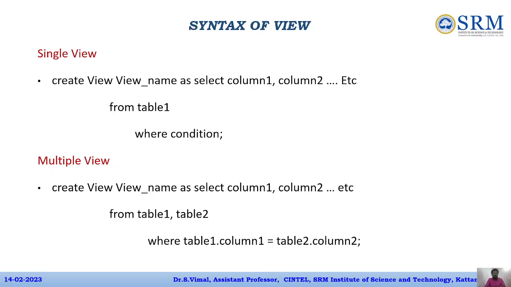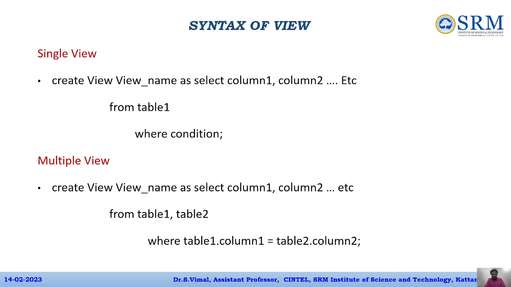Then the multiple view creation syntax: CREATE VIEW view_name AS SELECT whatever columns you need from both tables or multiple tables. However many tables you need, you can use. In that, column 1, column 2, column 3, column 4, etc. You can give whatever columns you want for the view table from table 1, table 2.